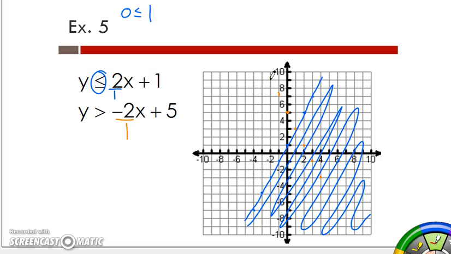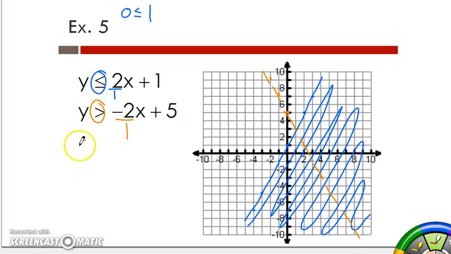And now I look and I see, because my sign is just greater than, I have a dashed line. So I am going to go that way. So you see my line goes through the part of what I already have shaded. Now I have to figure out where my shading goes.